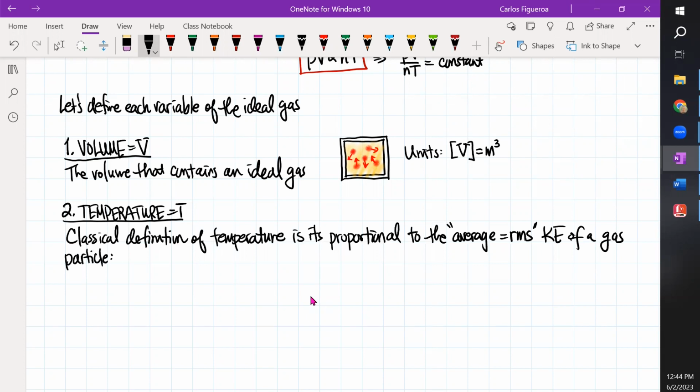In other words, temperature, defined classically, is proportional to K average.